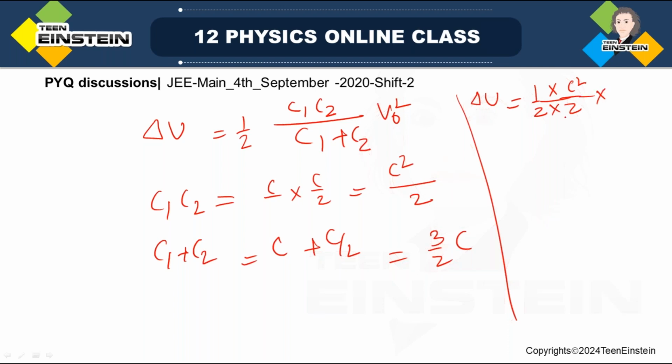then in the denominator it is 3 by 2, so 2 will be here.